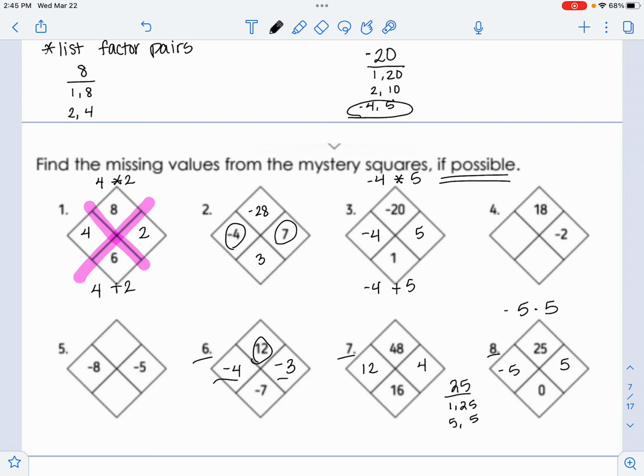With 1 and 25, no combination, whether positive or negative, is ever going to be 0 when you add it together. So that means we actually cannot find values for this. Not possible.